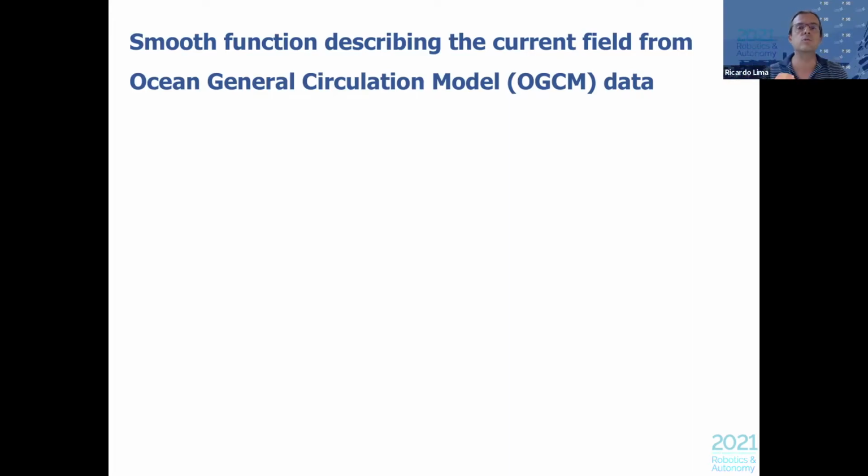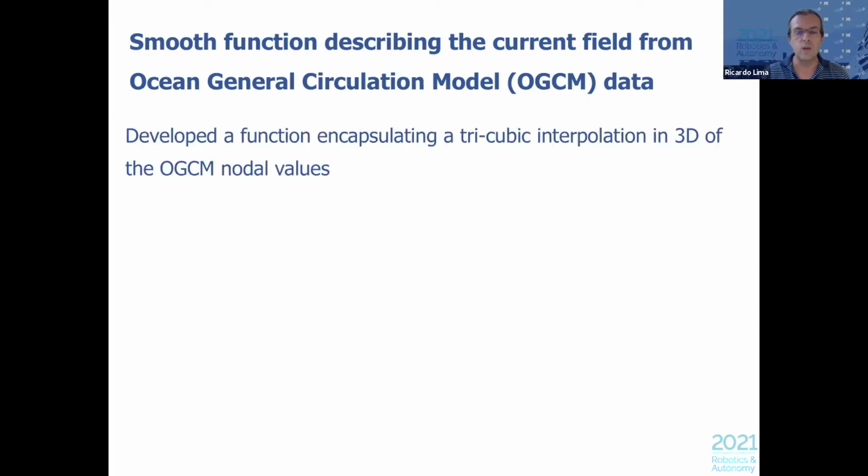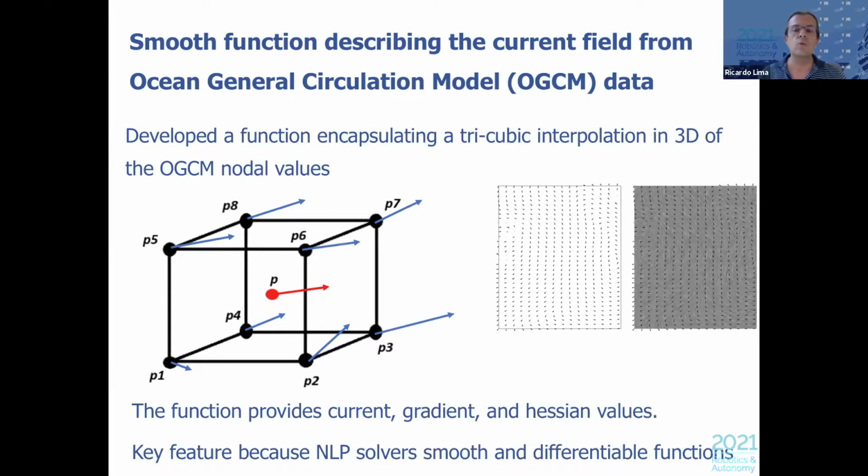And for that, we use data from an ocean general circulation model, OGCM. And so what we did, in fact, was we created a software function that encapsulates a tricubic interpolation in 3D of the OGCM nodal values, right? So we get a matrix with a velocity vector on a discretization of the 3D space.